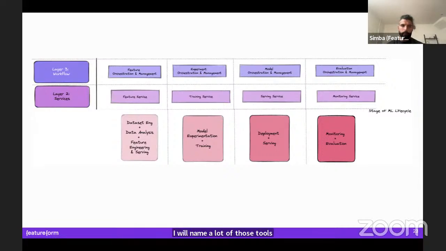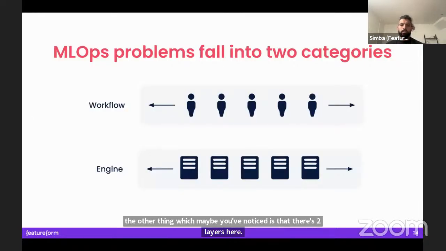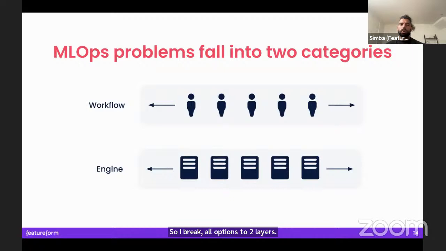The other thing you may have noticed is that there are two layers here. I break MLOps into two layers, which I would call the engine and the workflow. The engine sits above the compute. It's typically where the compute happens, so things like training, running a transformation, or storing a feature.